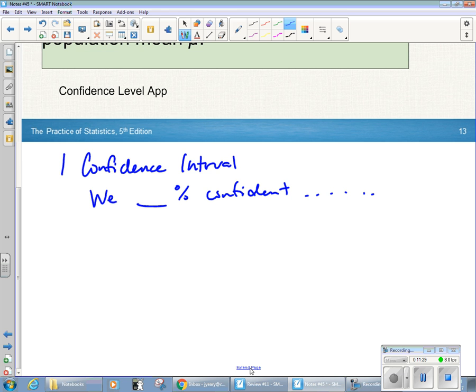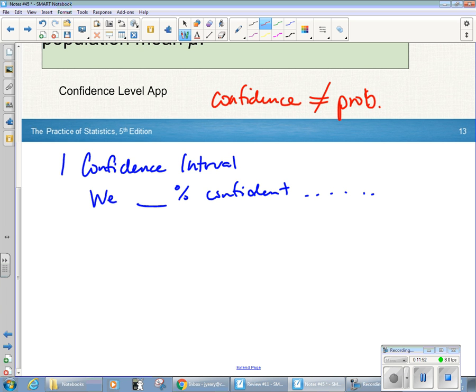Now, before I move to this next interpretation, let me squish some bugs here. Confidence does not equal probability. Okay? When we talked about probability in the fall, probability had to do with millions upon millions of trials of the same thing.